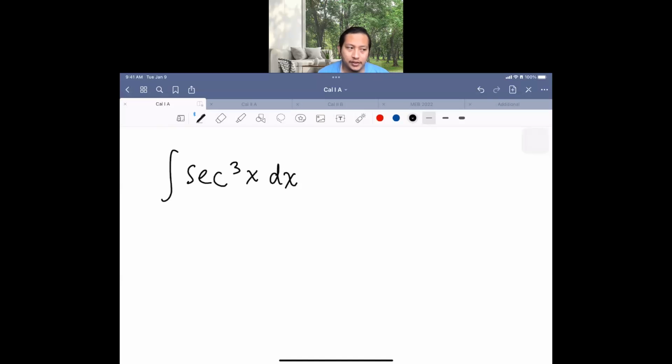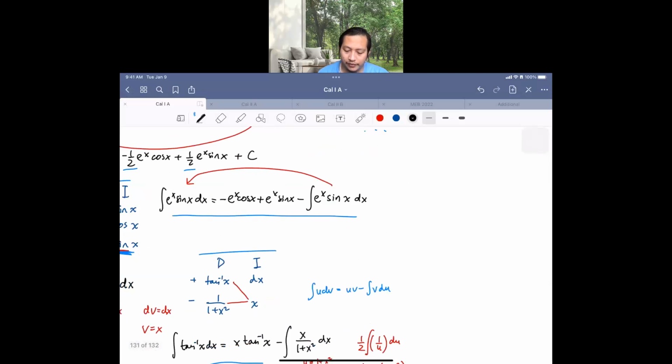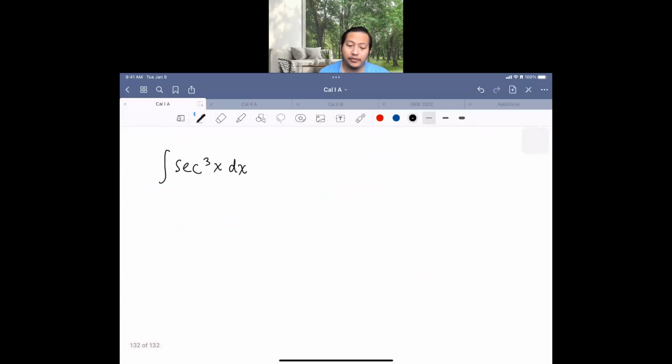But since we have in our backlog the secant x that we did just before, and we also have the secant squared, where we can see some results, perhaps we can split the secant cube into secant x and secant squared x. Now this is another way to use integration by parts.